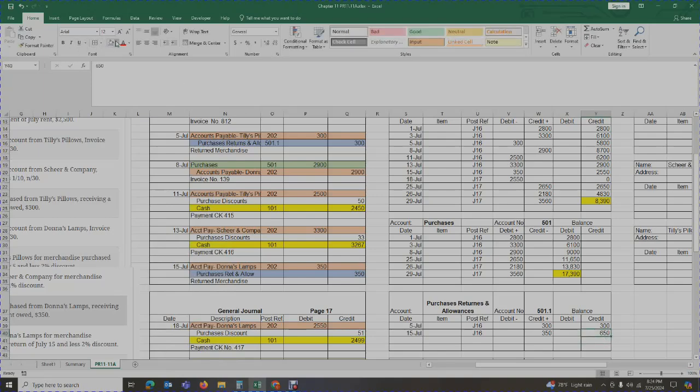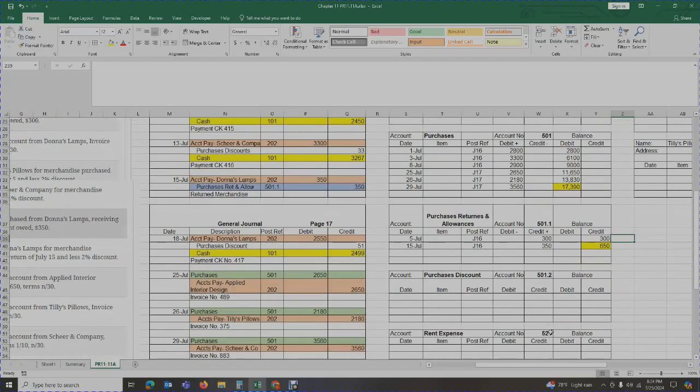That is the ending balance right there, and we're going to put 501.1 over here. So for purchases, returns, and allowances, we returned $650 worth of merchandise. We need to keep track of the things that are being returned and the reason why they're being returned. Okay, so that takes care of that one.